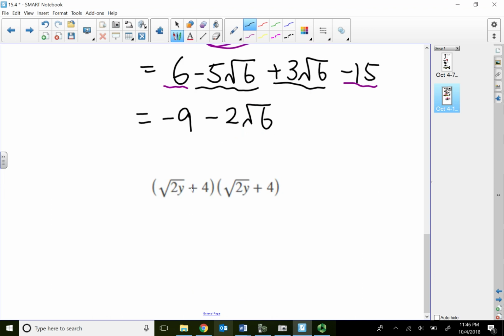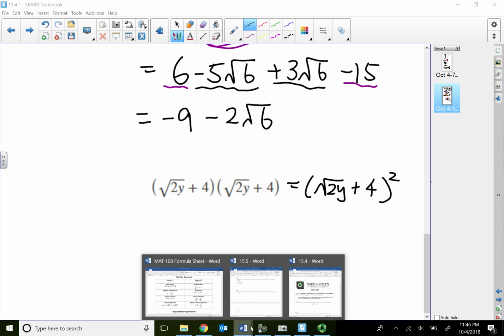All right, this is exactly two terms in two separate parentheses multiplied together. As you know, this problem can be written as square root of 2y plus 4, whole thing squared. So that brings us back to our perfect square binomial.